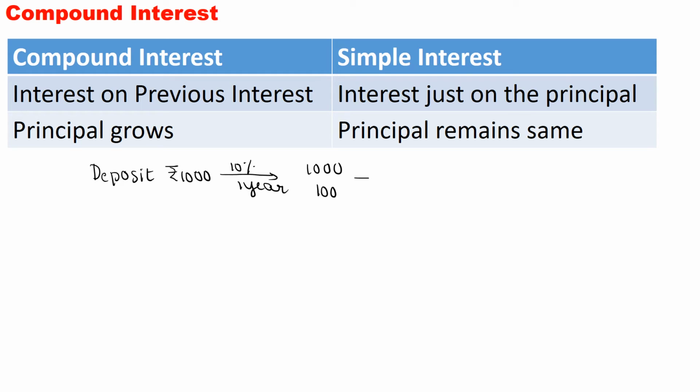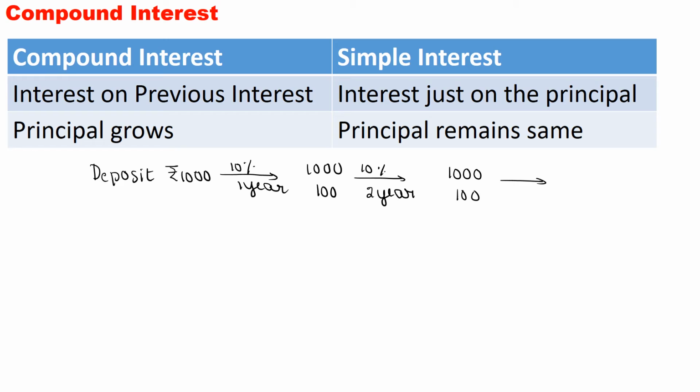The next year the interest remains the same and the time changes, second year, principal 1000 and 10% of 1000, then we get 100.